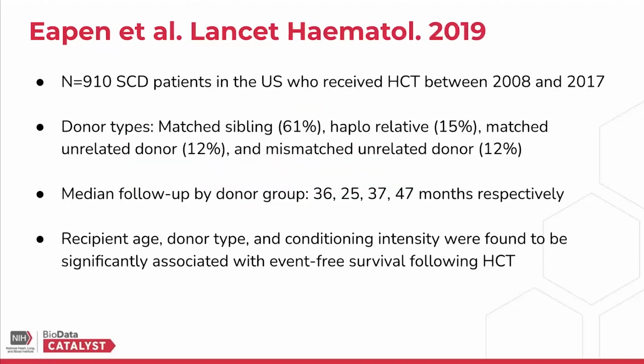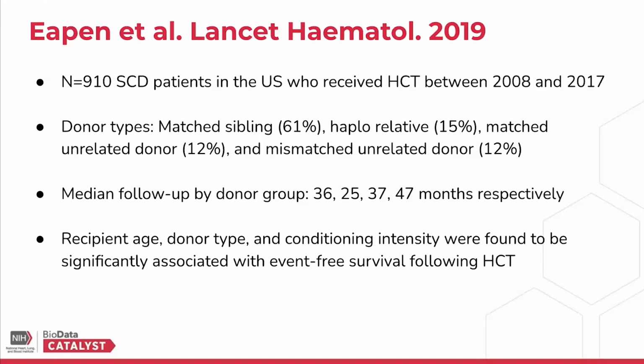Next slide, please. So in brief, the publication we were trying to reproduce the results from was a 2019 publication in Lancet Hematology that looked at just over 900 patients in the United States who received their transplant between 2008 and 2017. And as I mentioned, this was mainly looking at comparing different donor types and their effect on outcomes.